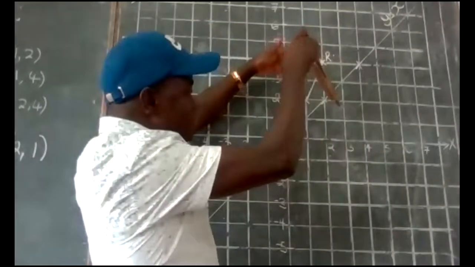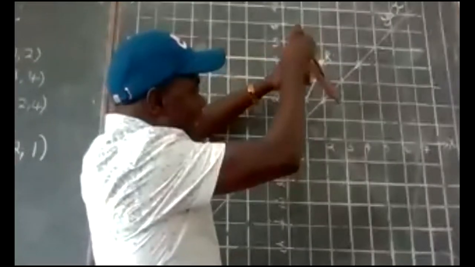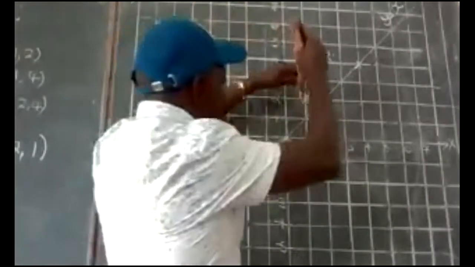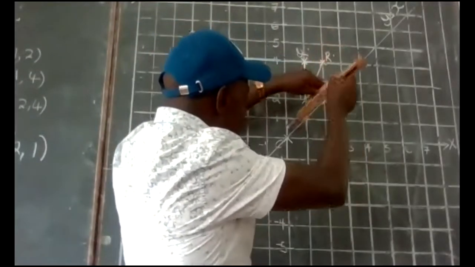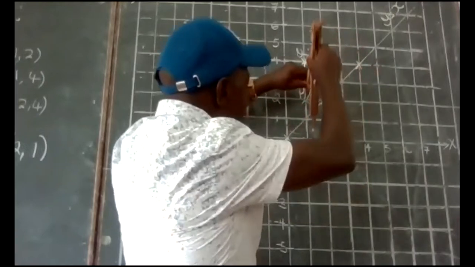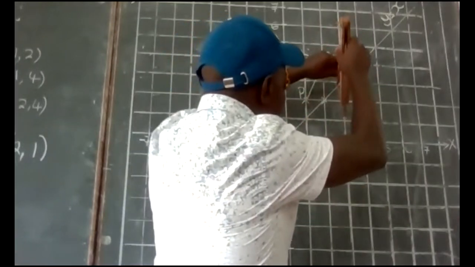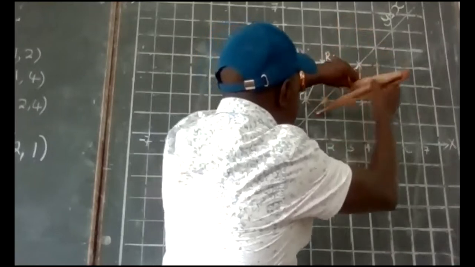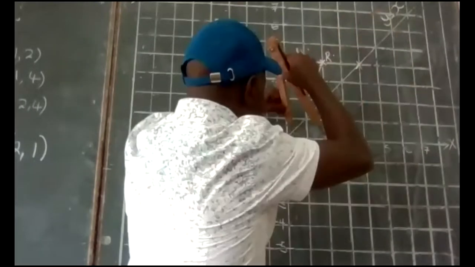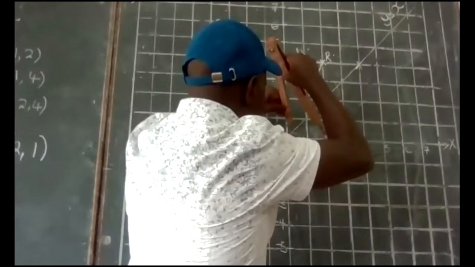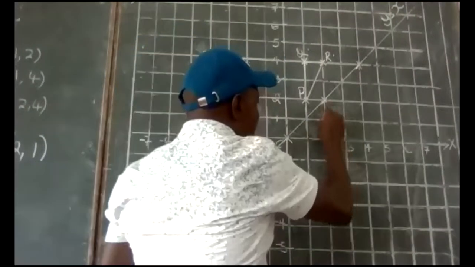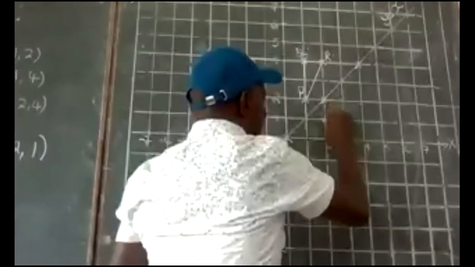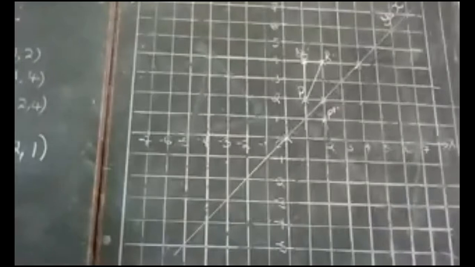You stand at point P, get any radius of the compass, cut, and then make another arc here. After that, you stand at this arc and then at this, and get the second arc. Where the two meet is where the P complement is. So P complement is here, which is going to be 2, 1.